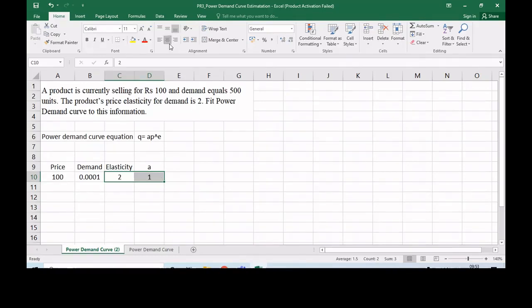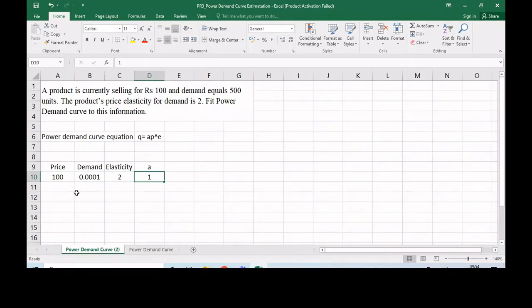So what happened when I have taken the value 1, the demand quantity is 0.0001. But in the sum it is given demand equals 500 units at a price of 100. So what I need to do is determine the value for A in such a way that this demand equals 500.